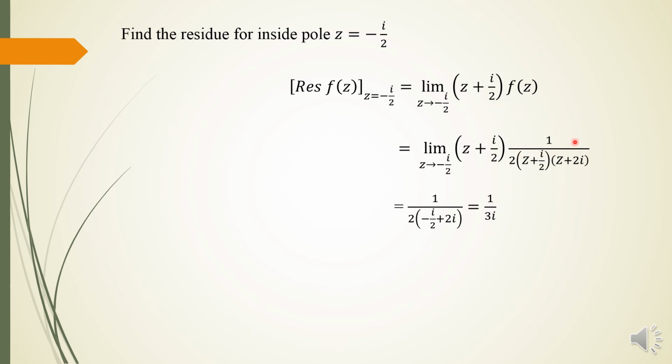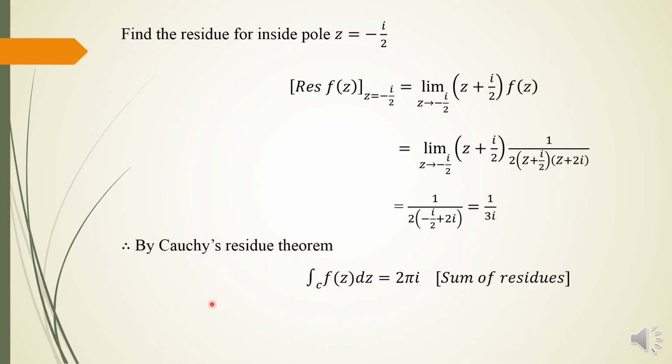Now we write f of z and express the denominator as linear factors of the poles. So f of z becomes 1 by 2 into (z plus i by 2) into (z plus 2i). Then cancel z plus i by 2 and substitute z as minus i by 2, and we get the residue as 1 by 3i.